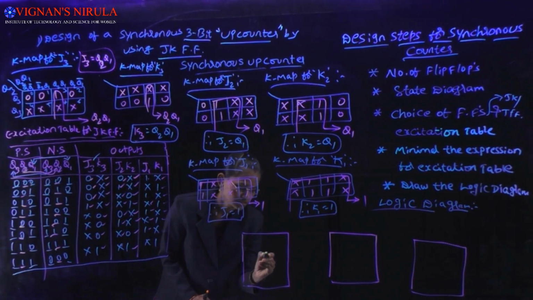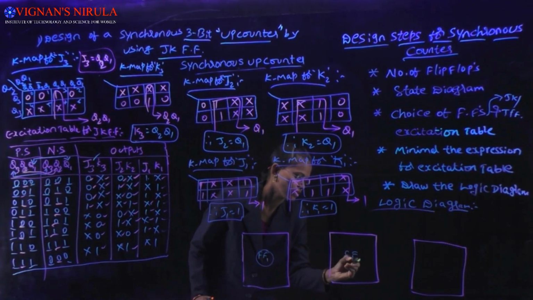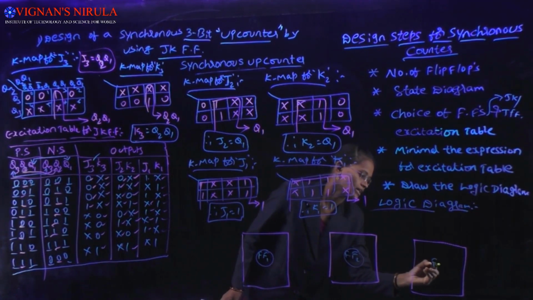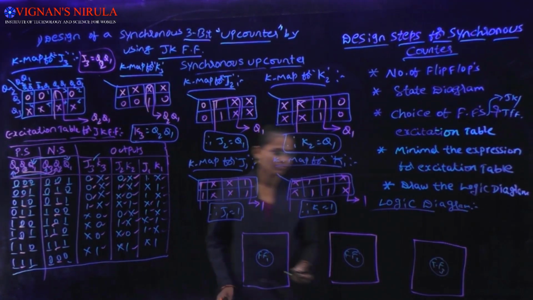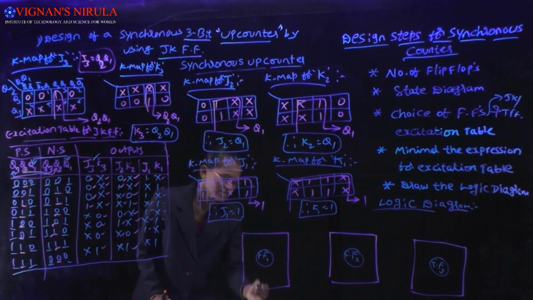This is flip flop 1, flip flop 2, and this is flip flop 3. Here we are using the JK flip flop. The first flip flop is considered the LSB bit.